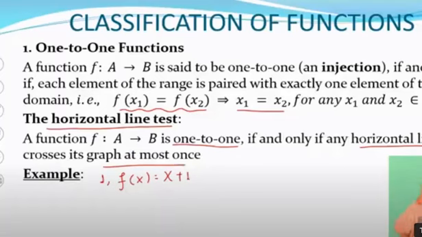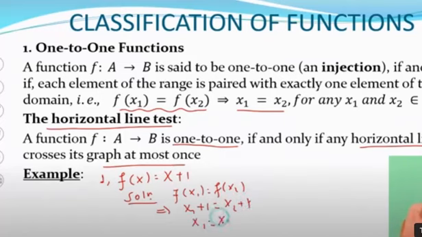So let's check the solution. f of x1 is equal to f of x2. This implies x1 plus 1 equals x2 plus 1. These two cancel out. You'll have x1 is equal to x2.